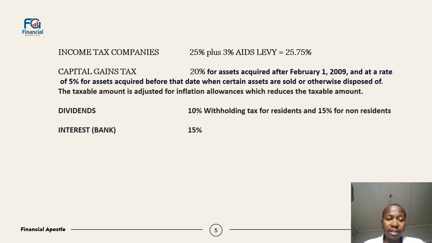So the difference between this individual and somebody who is in business, as a business owner, you are taxed at a rate of 25% plus 3% AIDS levy. This is after you subtract all your expenses from your revenue. Suppose you remain with your taxable profit, say $1 million. Your tax rate does not increase because your profits are higher.